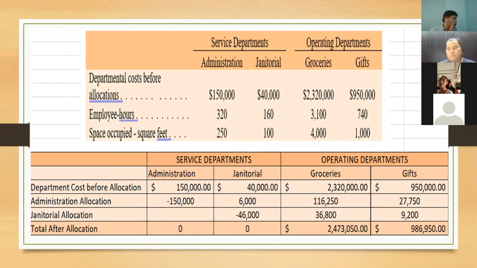So as you can see po, i-add natin yung 6,000 ng janitorial, 116,250 ng groceries, and 27,750 ng gifts, which equals to allocated ng administration na allocate po equally. And also the janitorial po, which is 46,000, 36,800 plus 9,200 equals to 46,000 dollars po. Na-allocate din siya ng equally po. That's all lang po, sir.